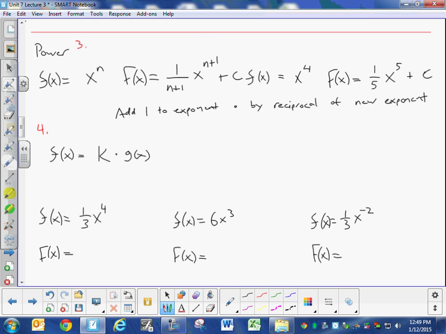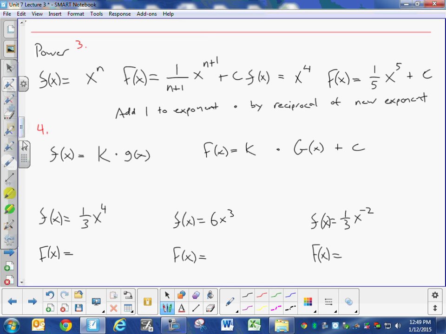I would say big F of x would equal k times the big G, plus the c. That might not make sense right here, but when I do this first example, you'll see why.